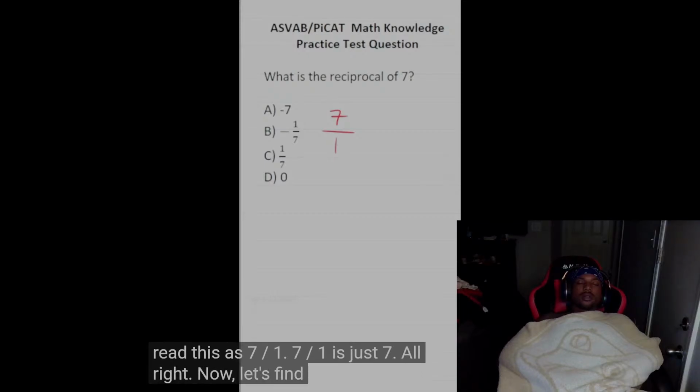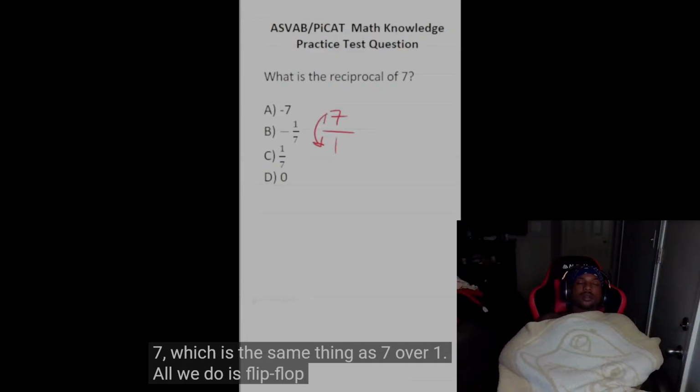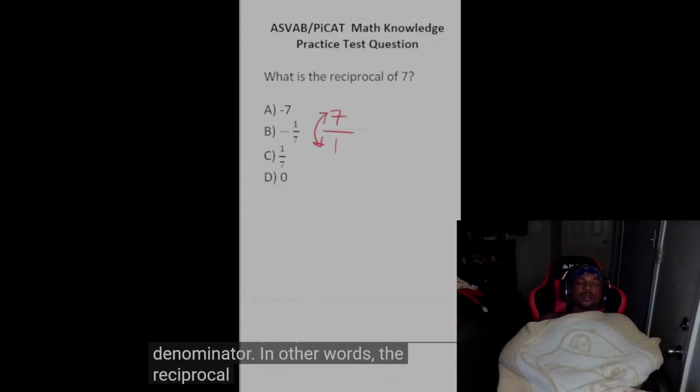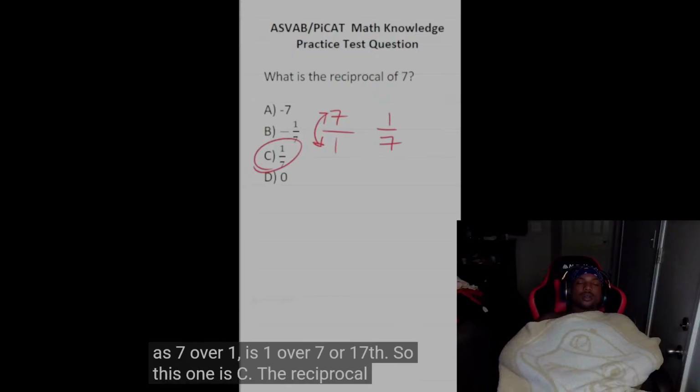All right, now let's find the reciprocal of 7, which is the same thing as 7 over 1. All we do is flip-flop our numerator and denominator. In other words, the reciprocal of 7, which is the same thing as 7 over 1, is 1 over 7, or 1/7. So this one is C. The reciprocal of 7 is 1/7.